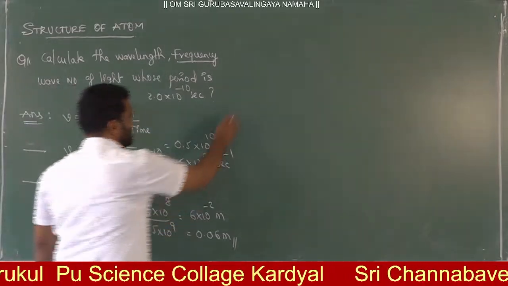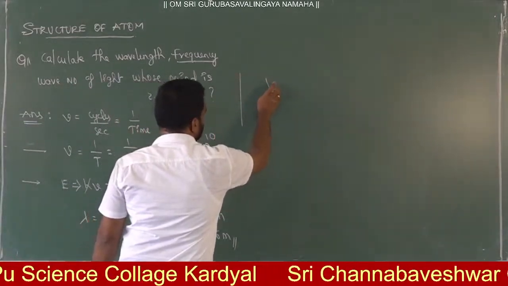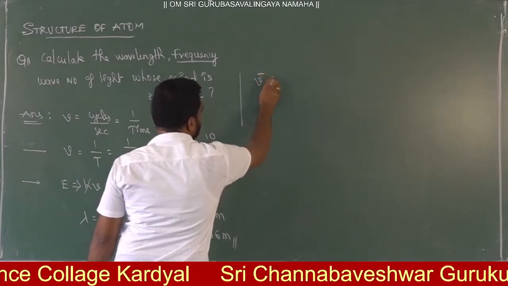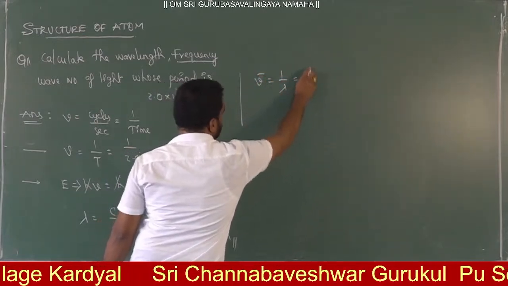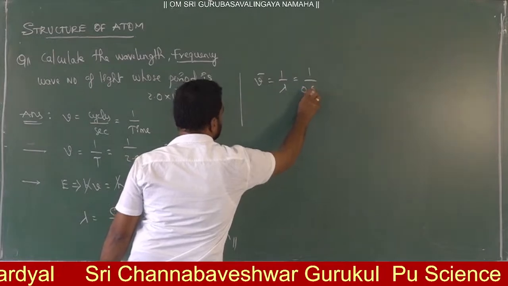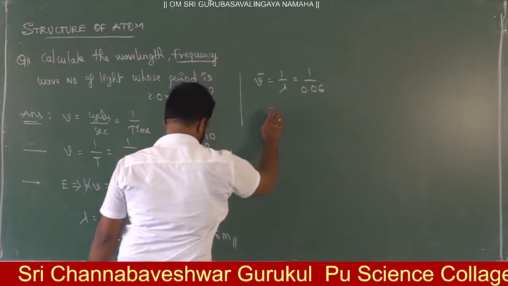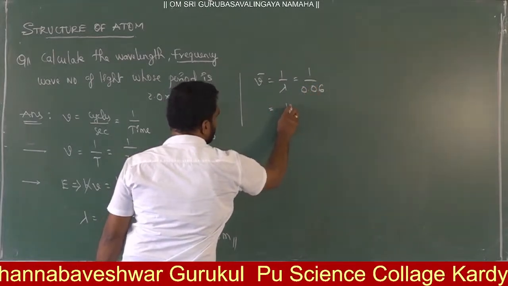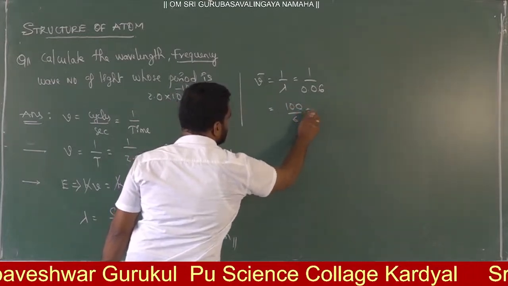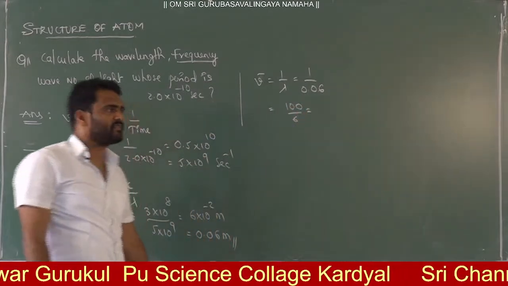After getting the wavelength, then wave number. So nu bar equals 1 by lambda, which equals 1 by 0.06, that is 100 by 6.